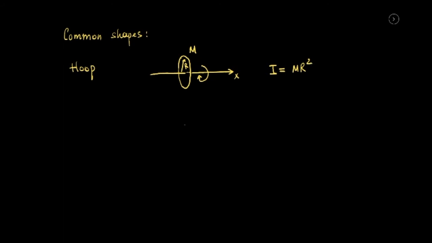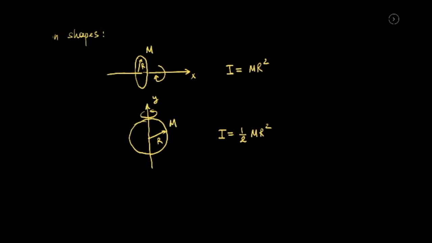If this hoop rotates around an axis which passes through any diameter, let's call it y, then the moment of inertia about this axis is equal to 1 divided by 2 m r squared. Again, the radius of the hoop is r, the mass is m.